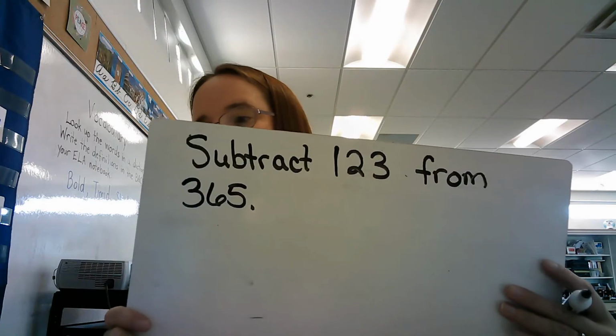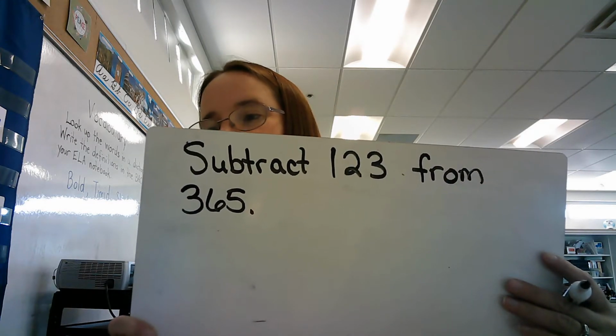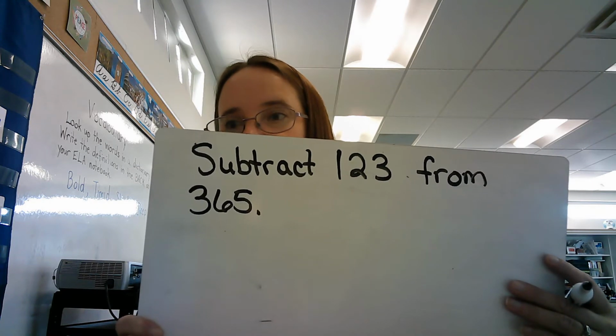It says, and this is all in the wording because this might throw you off a little bit when you're doing your homework. It says subtract 123 from 365. This is how it's written in your textbook. Subtract 123 from 365.